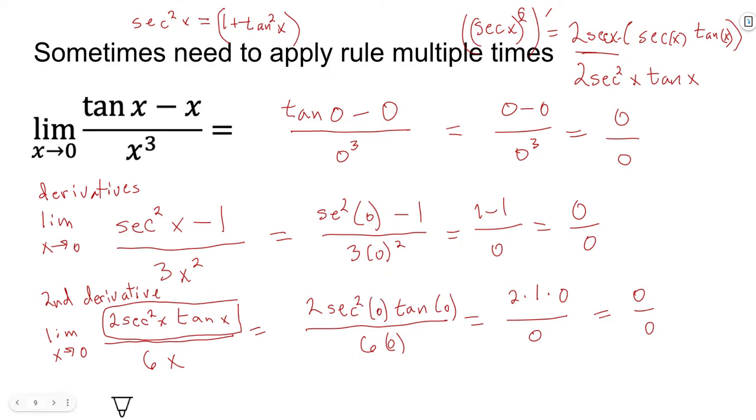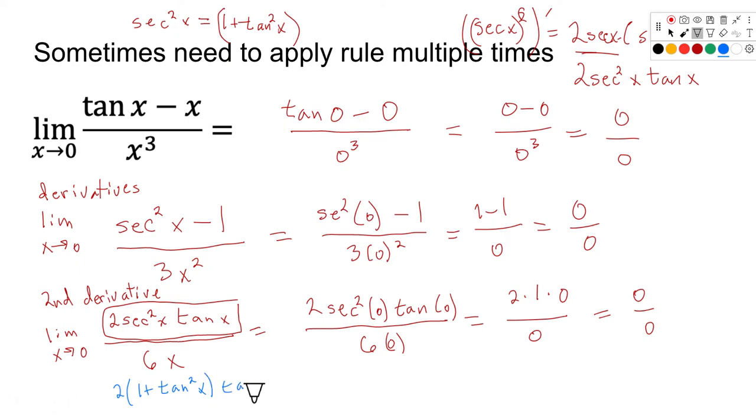Let's see. So last line, we'll squeeze it in here. This is going to be 2. I'm going to replace secant squared. Let me change colors. I think that'll help. Okay, so it's going to be 2. Secant squared I'm going to replace with 1 plus tangent squared x, and that's times tangent x, and that's all over 6x.